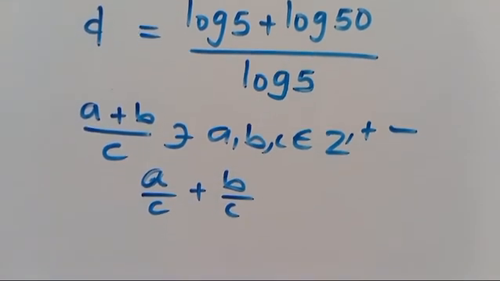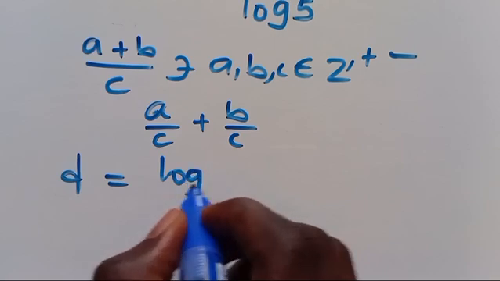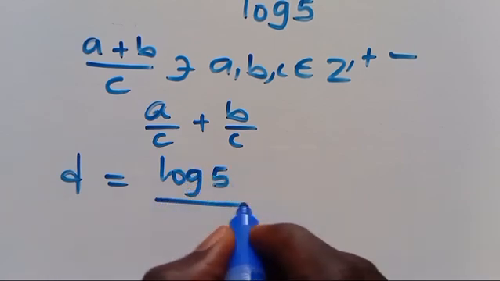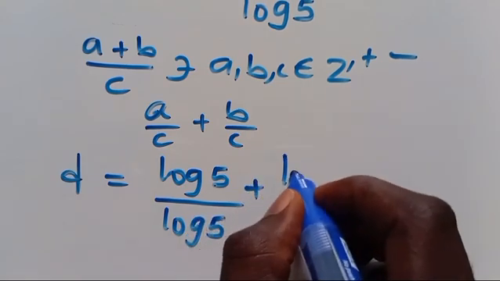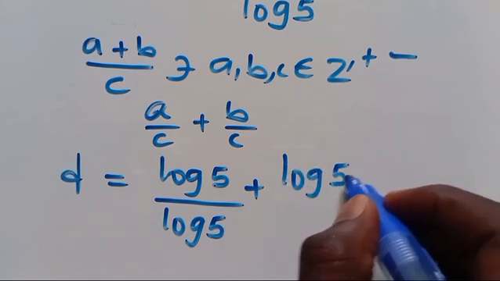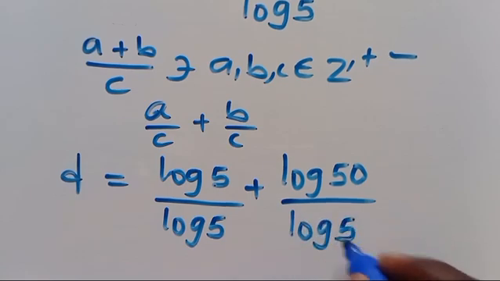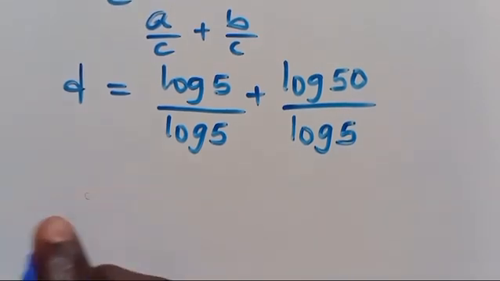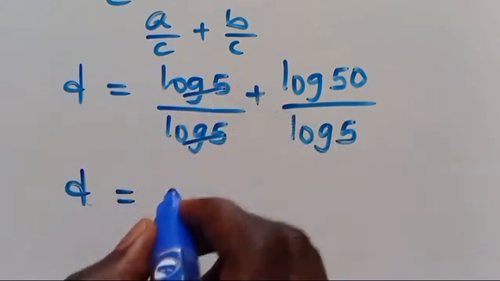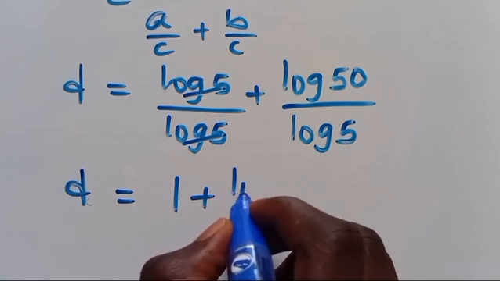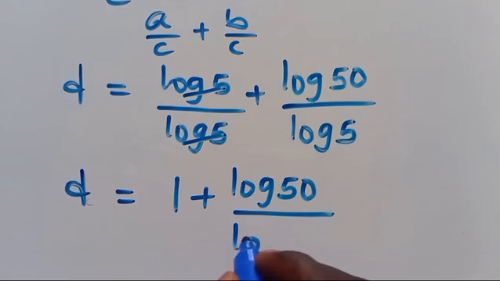When we apply it here, we have d equals log 5 divided by log 5 plus log 50 divided by log 5. So log 5 divided by log 5 will cancel and give us 1, plus log 50 divided by log 5.